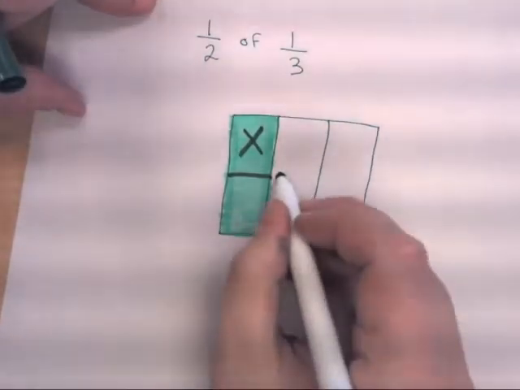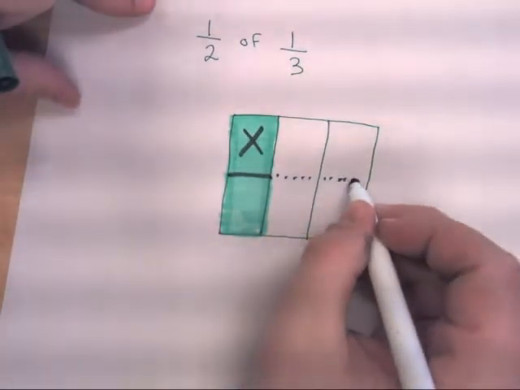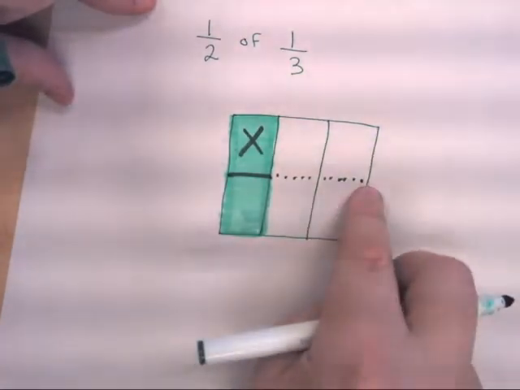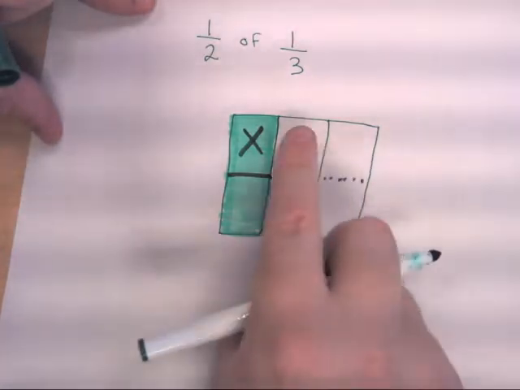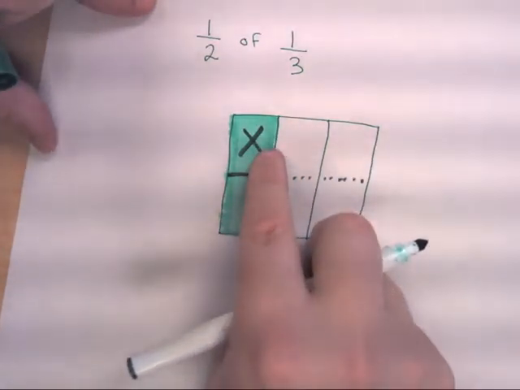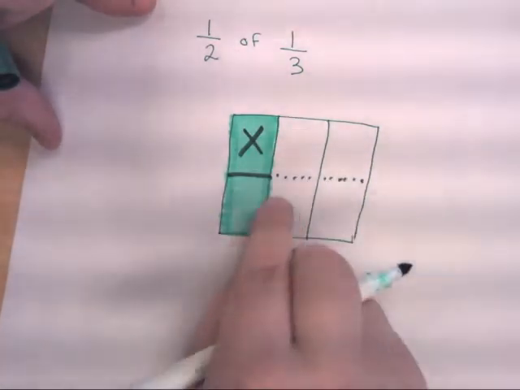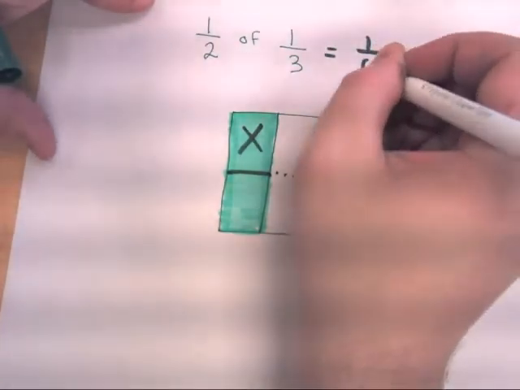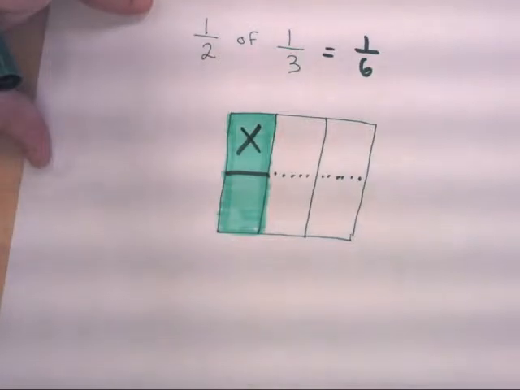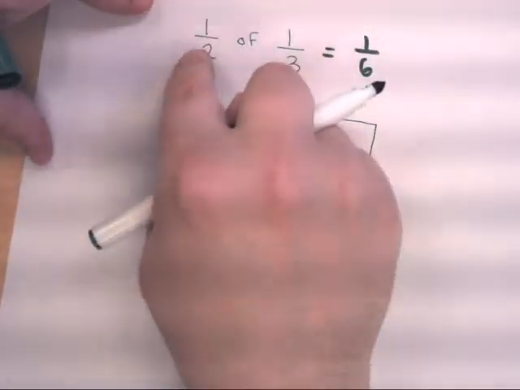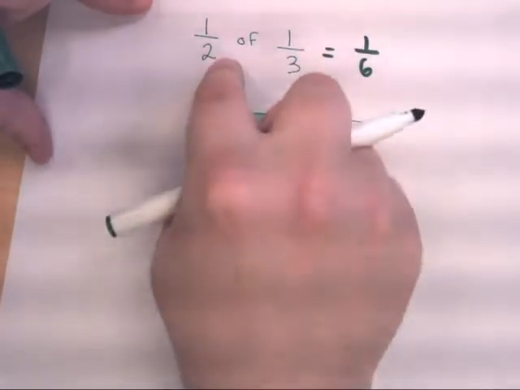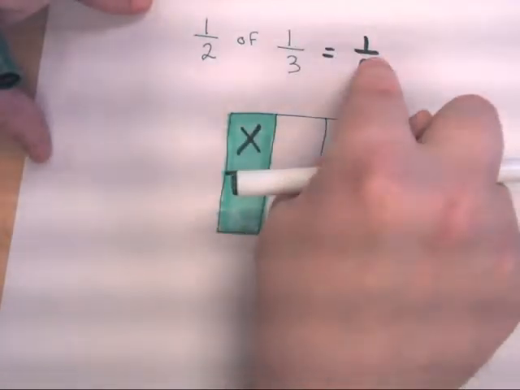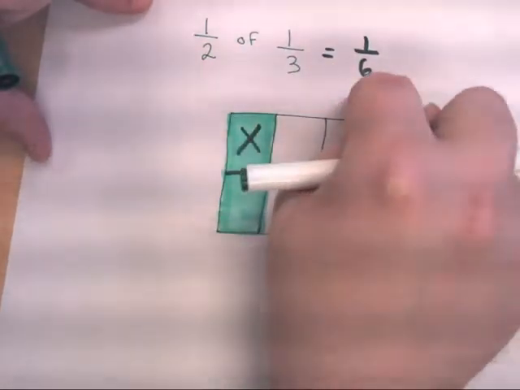If I extend this division line across the other thirds, I can see that this piece is 1/6 in size. So 1/2 of 1/3 would be 1/6. And again, if we follow the rule for multiplying two fractions, 1 multiplied by 1 is 1, 2 multiplied by 3 is 6.